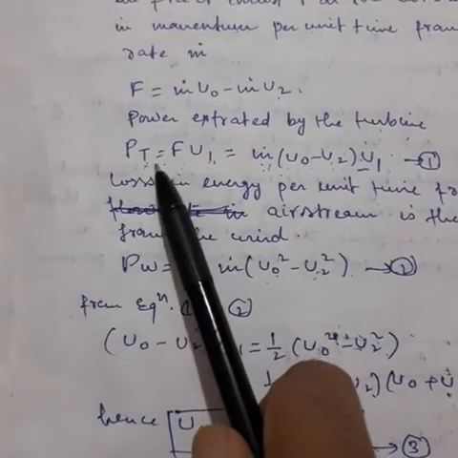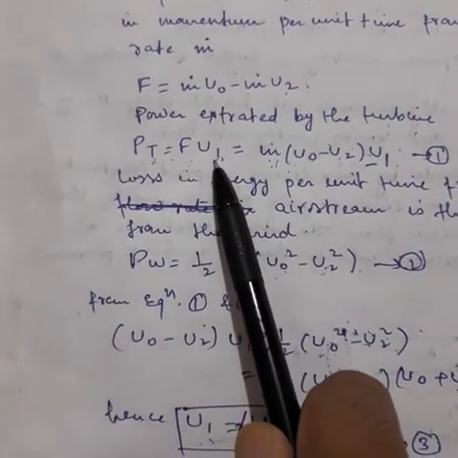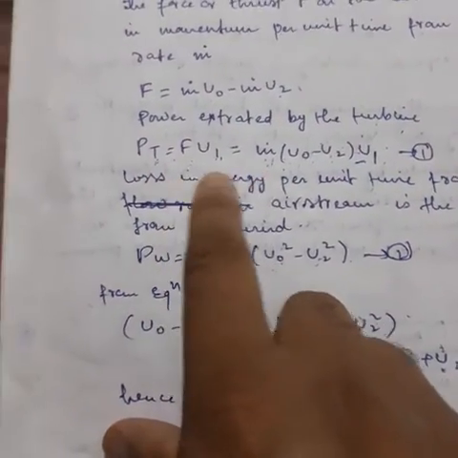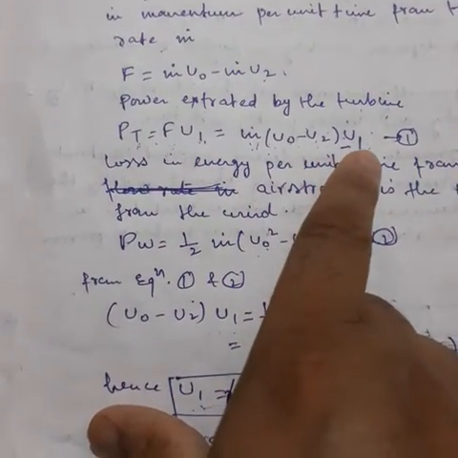So for the power, we use total force into u1, the turbine velocity, or we can say the rotor velocity. So P is F into u1, that is m naught into u naught minus u2 into u1.